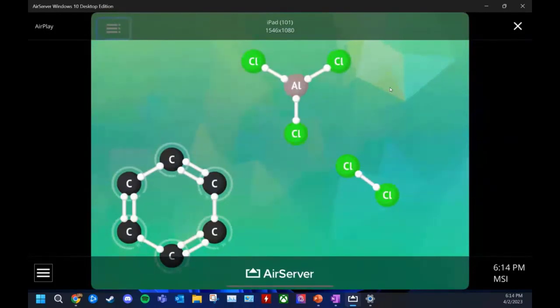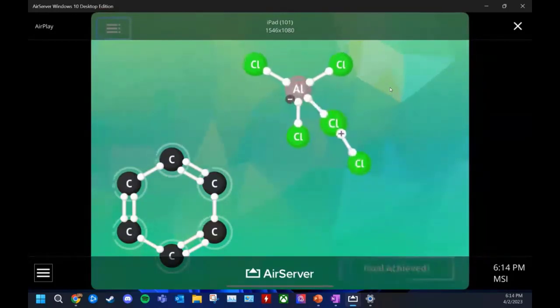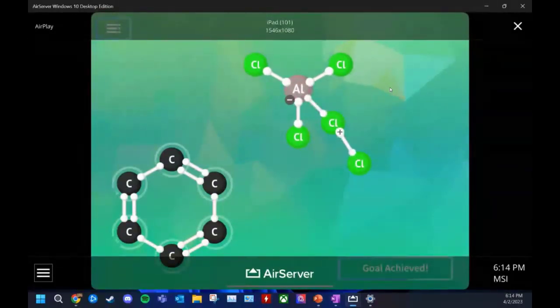So we want to make the Cl2 an electrophile. Now the AlCl3 is there to make it an electrophile. So what happens is this Cl attaches to the Al, keeping its electrons with it.